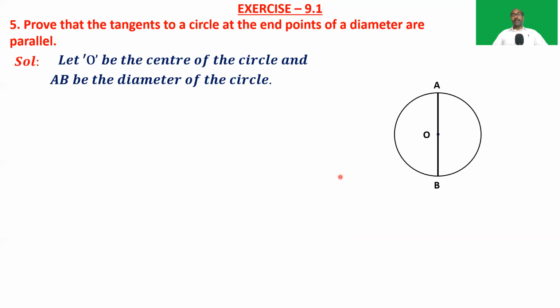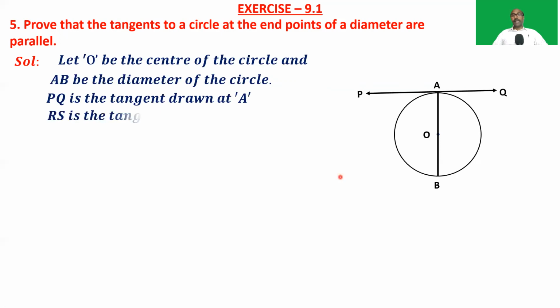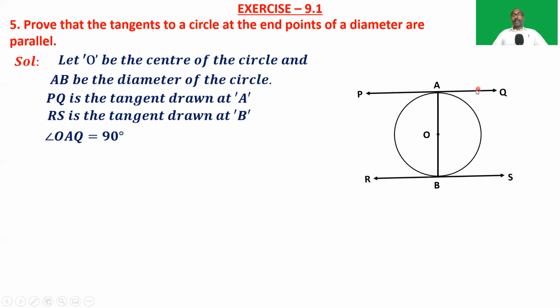So take PQ as the tangent drawn at A, and RS be the tangent drawn at B, like this. We have angle OAQ is equal to 90 degrees because tangent is perpendicular to the radius drawn at the point of contact. So angle OAQ is 90 degrees, as well as angle OBS is also 90 degrees.